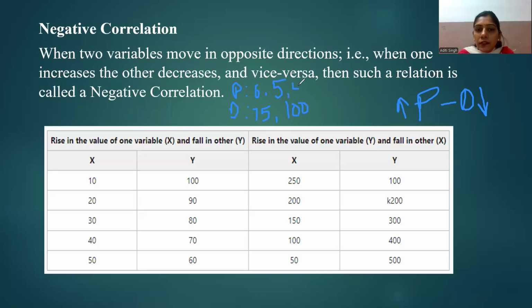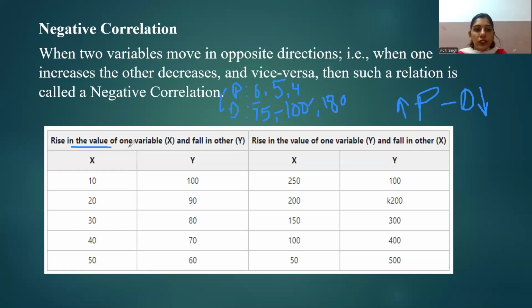Again, if the price decreases from 5 to 4, then demand, suppose, increases to 180. So what you can see in this is the movement of both the variables is in opposite direction. If price is decreasing, the demand is increasing. So this type of relationship is said to be the negative correlation.